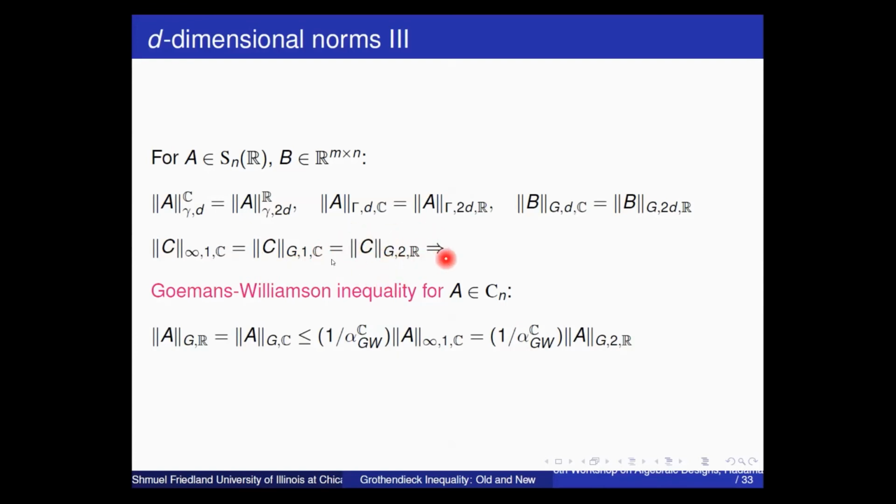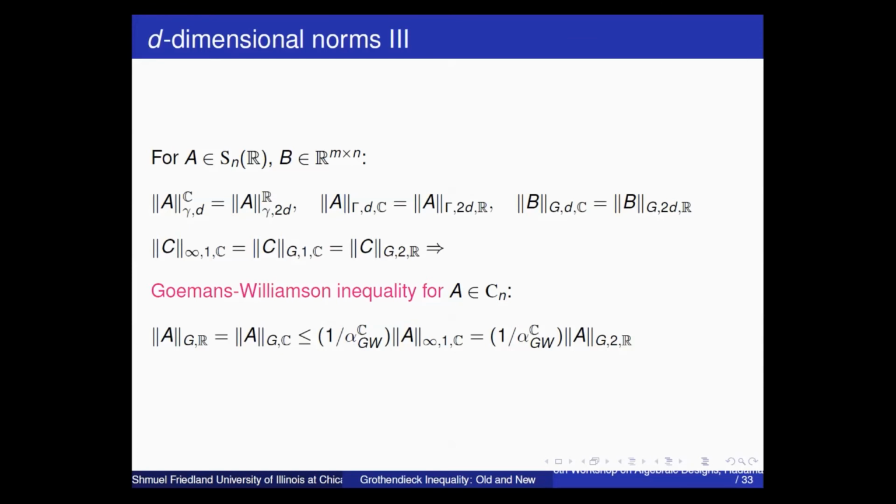In other words, the infinity norm with respect to complex numbers of a real matrix would be the Grothendieck norm for real matrices, but when you restrict to be two-dimensional.